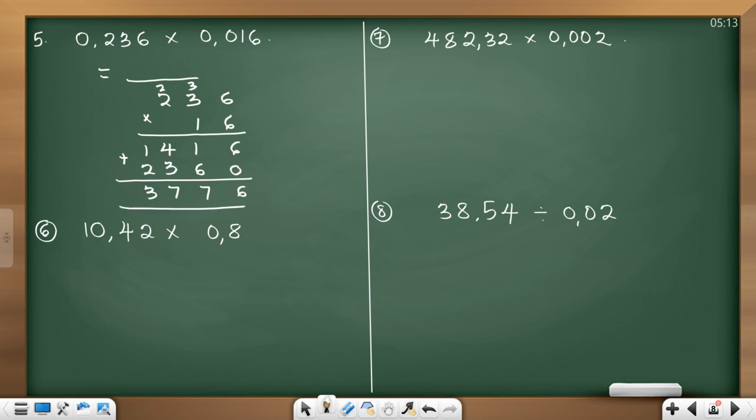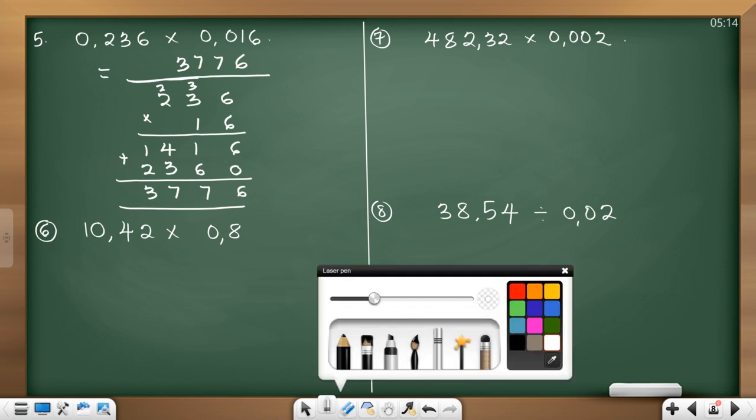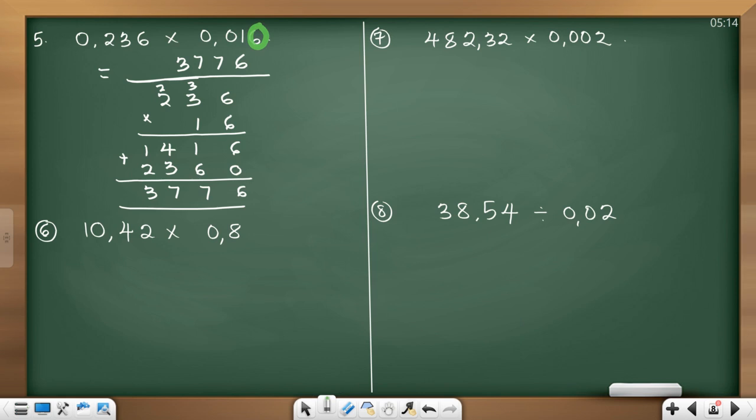Now, that's not our final answer. What will our final answer be? Remember, I left the space so I can write my answer. I am going to write my 3, 7, 7, 6. Now let's count the number of decimals that we have. I have 1, 2, 3, 4, 5, 6 digits behind the decimal together. 3 on the right and 3 on the left.